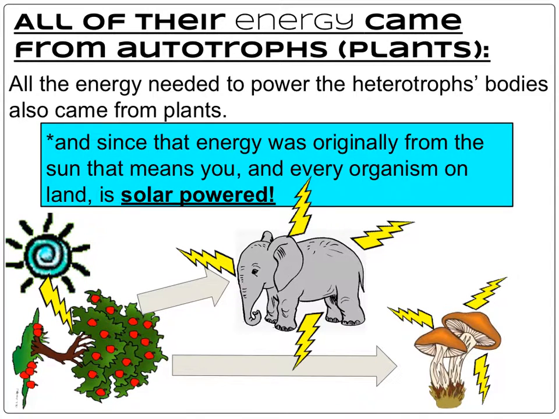So in another weird way, the energy that you run on came from the sun at some point. In a way, we're all kind of solar powered, since that's where the energy originated.